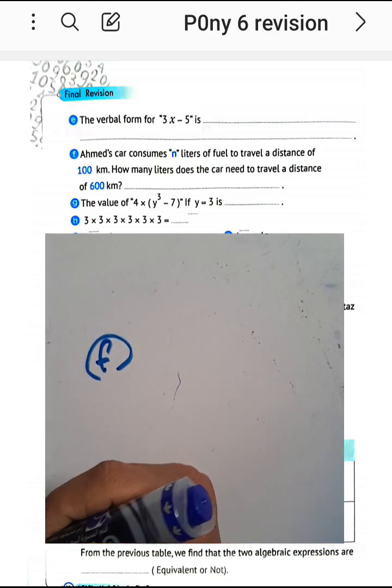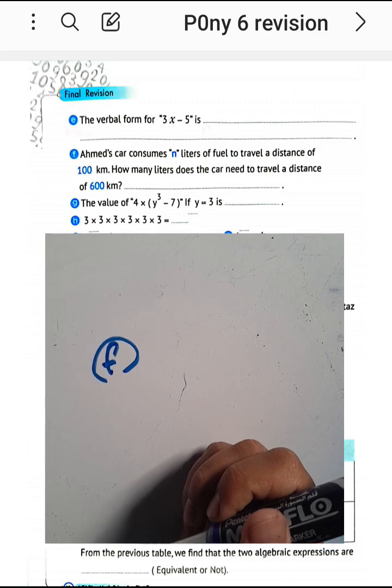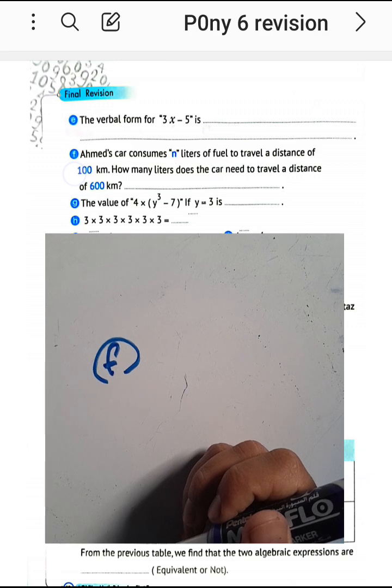Ahmed's car consumes n liters of fuel to travel a distance of 100 kilometers.